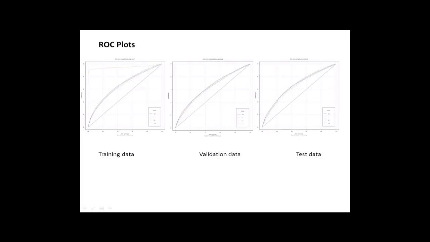This shows the comparison plots of the 4 models for training, validation, and testing dataset. Comparing the 3 plots, the area under the ROC curve is closer for all the models except the random forest model.